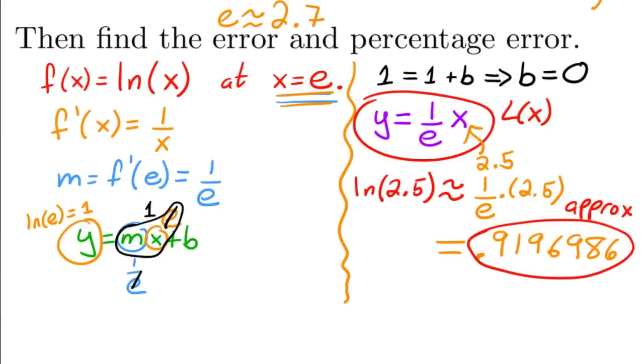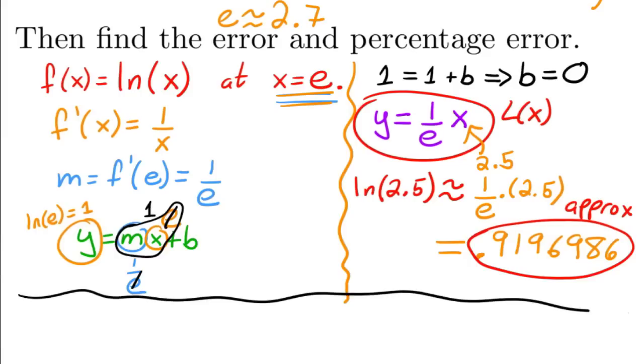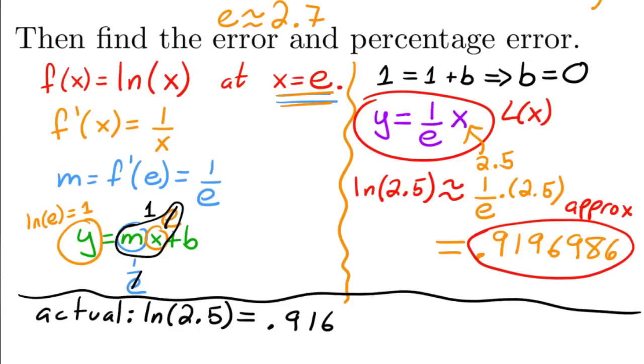Now if I want to find the error, I would need to find the actual. So the actual is natural log of 2.5. If you plug this into your calculator, you would get 0.9162907. How many decimals? That's 7 decimals. Okay, same amount of decimal places.